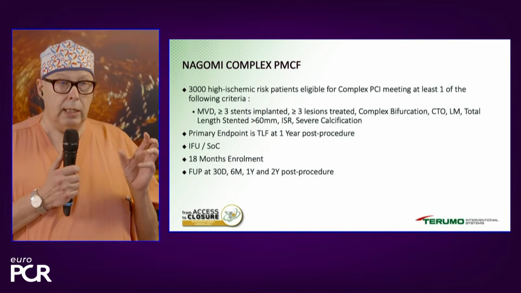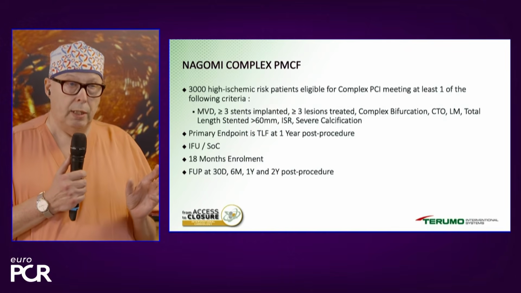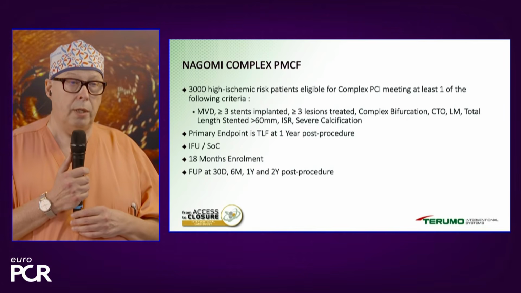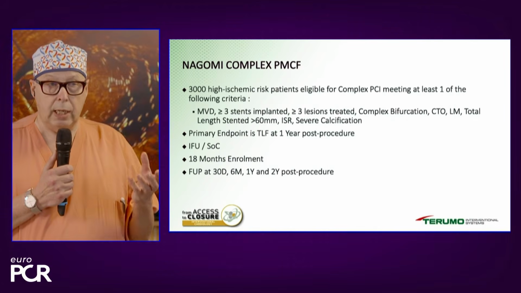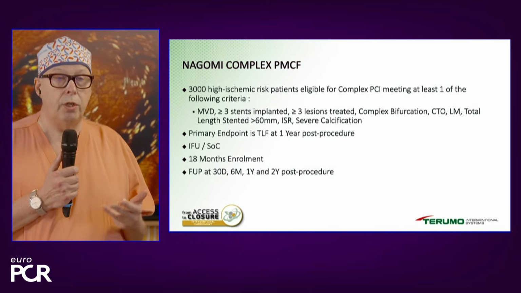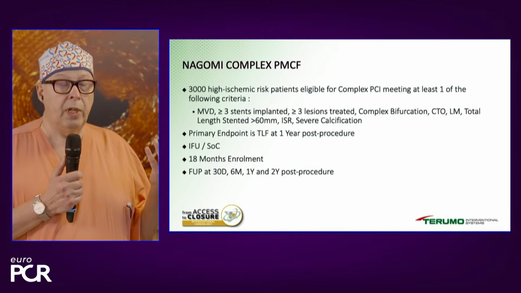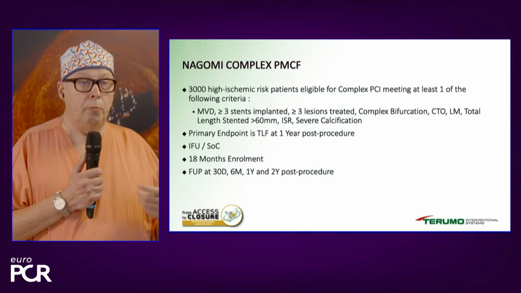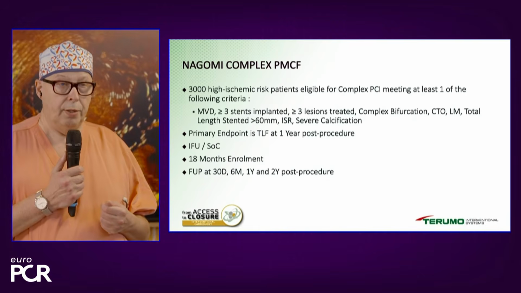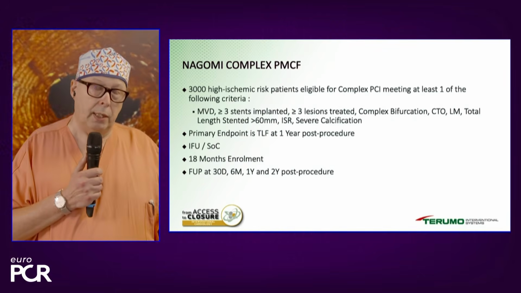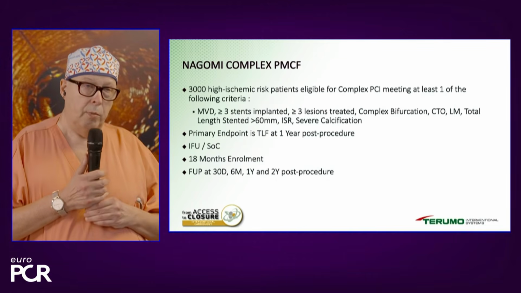This trial is dedicated to complex, high ischemic risk lesions, 3,000 patients, with at least one of these criteria: MVD, more than 3 stents, more than 3 lesions, complex bifurcation, CTO, left main, long stenting, severe calcification, ISR. The primary endpoint will be TLF at 1 year.